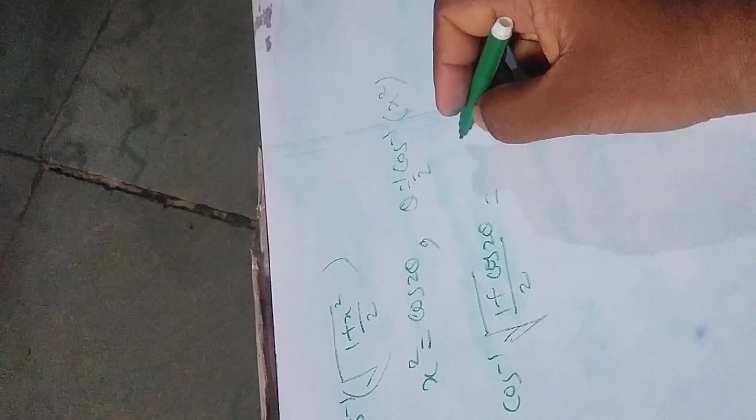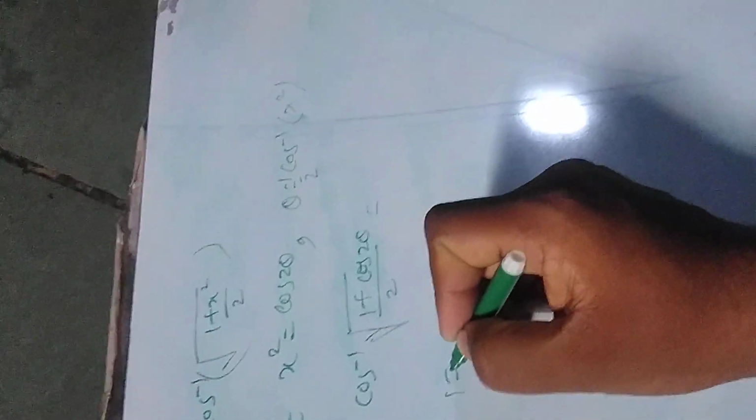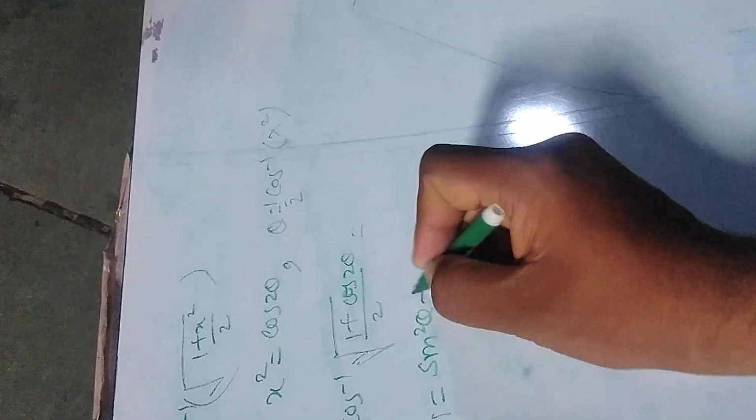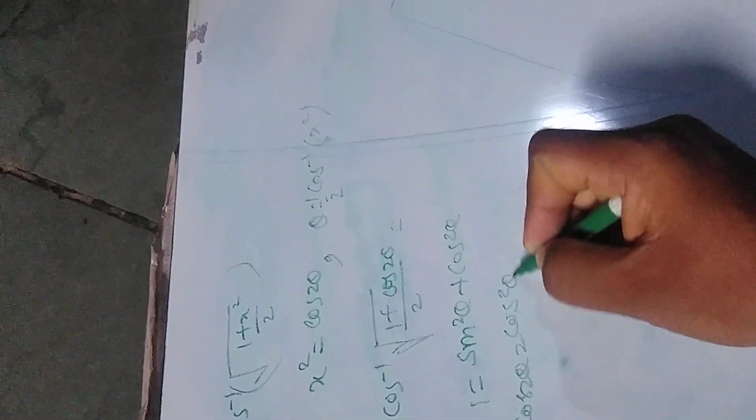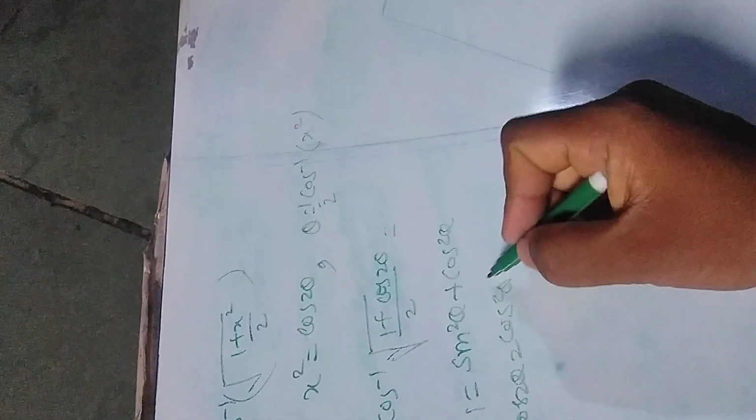Is equal to cos inverse of, so for 1 we can write it as, 1 can be expressed as sin square theta plus cos square theta, whereas cos 2 theta can be expressed as cos square theta minus sin square theta.